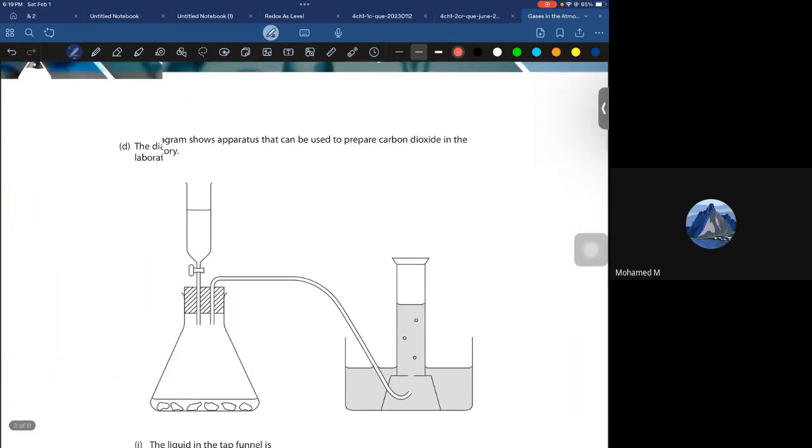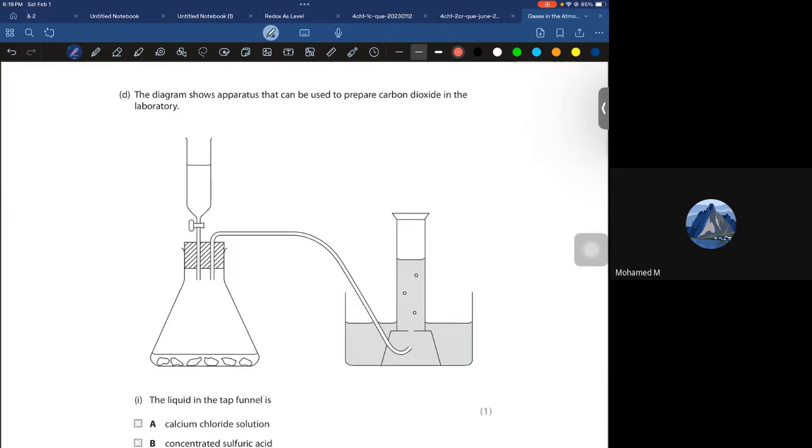Now the diagram shows apparatus that can be used to prepare carbon dioxide in the laboratory.